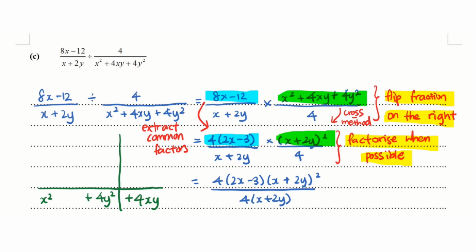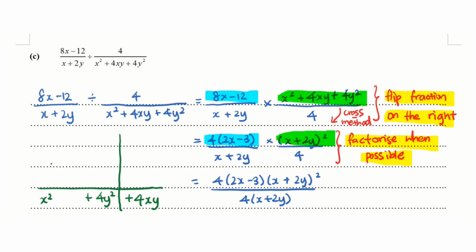As a recap for this cross method, I will be performing it on the left over here with the green ink. So for x squared plus 4xy plus 4y squared, we first arrange it into our cross method frame, such that we get x squared plus 4y squared plus 4xy.